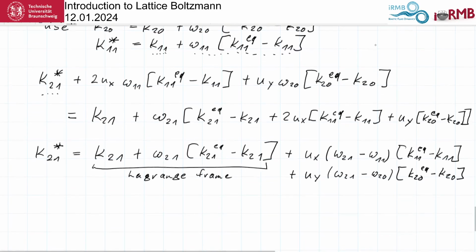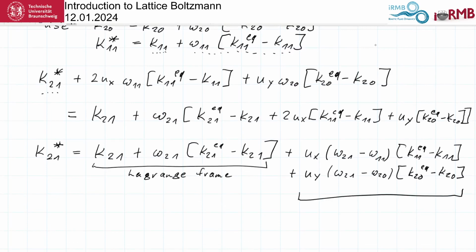And this is something that we don't like, because if you write down the collision operator in terms of the material frame of reference, the velocity of the frame of reference should not appear here. So this is a violation of Galilean invariance.